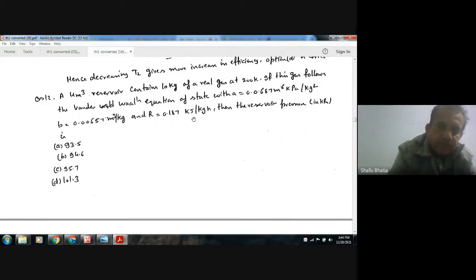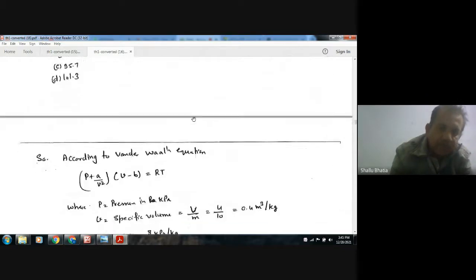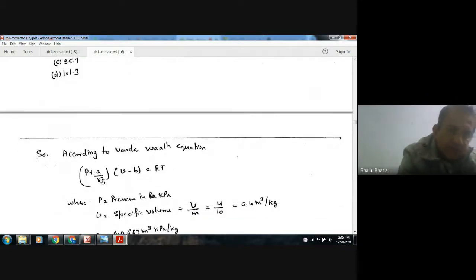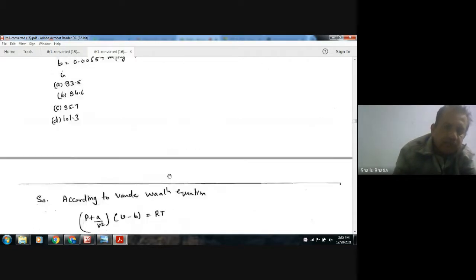If this gas follows a van der Waals equation of state with a equal to 0.0687, b equal to 0.00657 meter cube per kilogram, R equal to 0.187 kilojoule per kilogram per Kelvin, then the reservoir pressure in kPa is, according to van der Waals equation, (P plus a by v square)(v minus b) equal to RT. So P is in kPa.